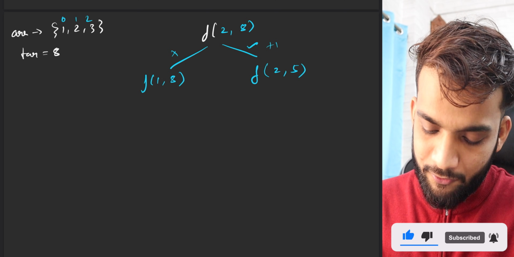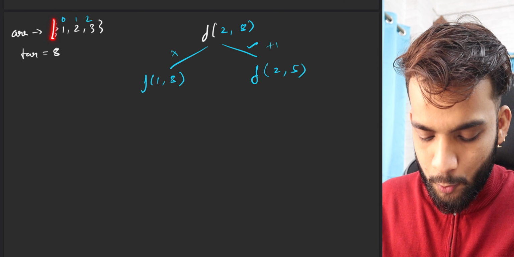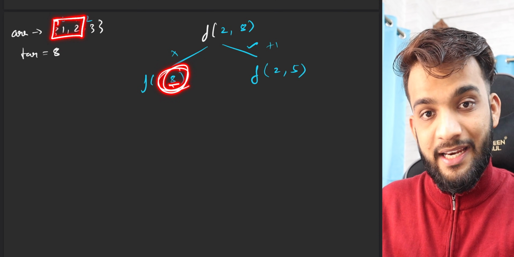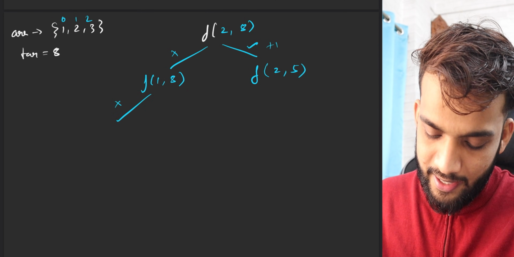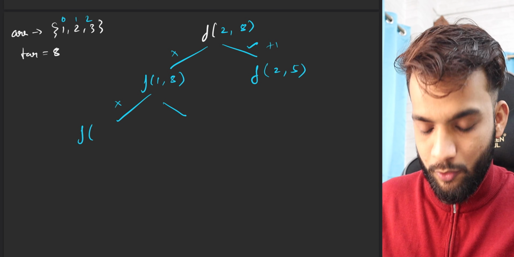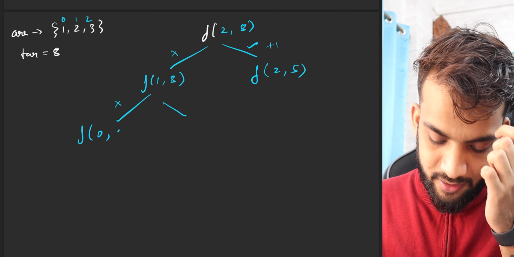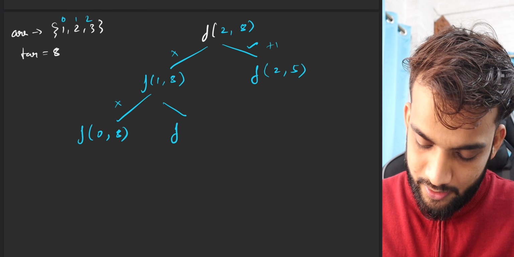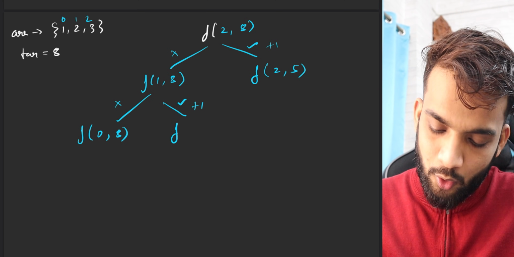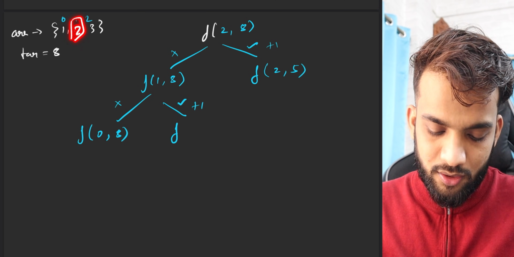Perfect. Now you are at f of 1, 8. You are saying, in this portion, can you form 8? Over here you'll say not take and take. If you do not take, you'll move to 0 and you will be at 8. And if you decide to take it, there is plus 1 coin, and there is a 2.